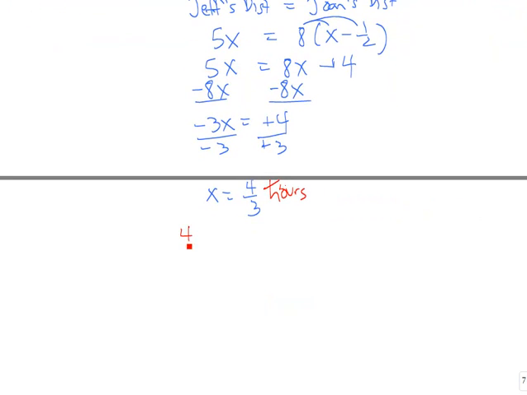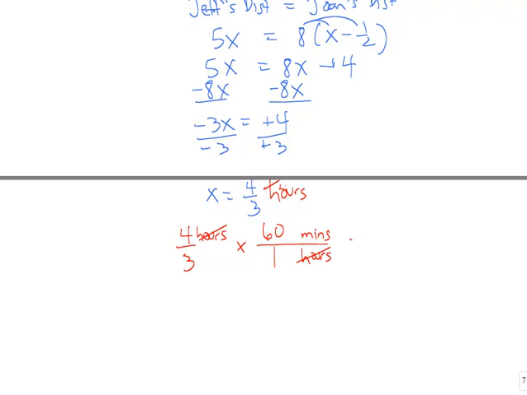If we have 4/3 hours, we're just going to do a little dimensional analysis or changing of units. So if I want to change from hours to minutes, I'm going to put hours on the bottom and minutes on the top, so that when I multiply, these two units of hours cancel out. Well, what's the relationship between hours and minutes? In 1 hour, there are 60 minutes.